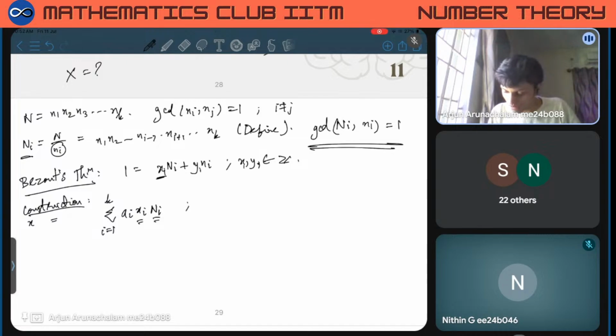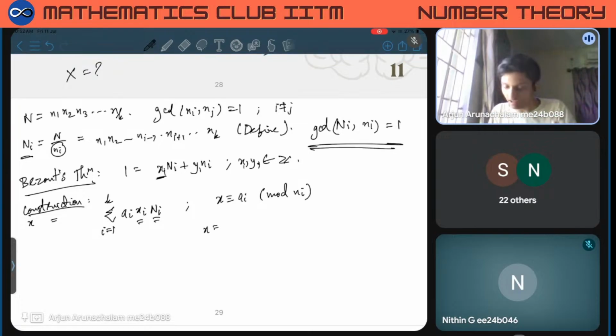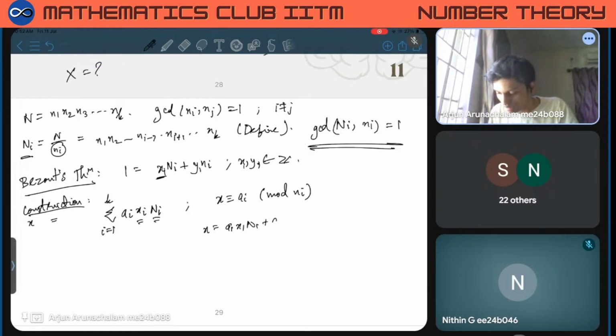So basically, we need to prove that x is congruent to ai mod ni. So just write x as this entire thing itself. You have essentially a1, x1, N1, a2, x2, N2, and so on, ai, xi, Ni, up to ak, xk, Nk.